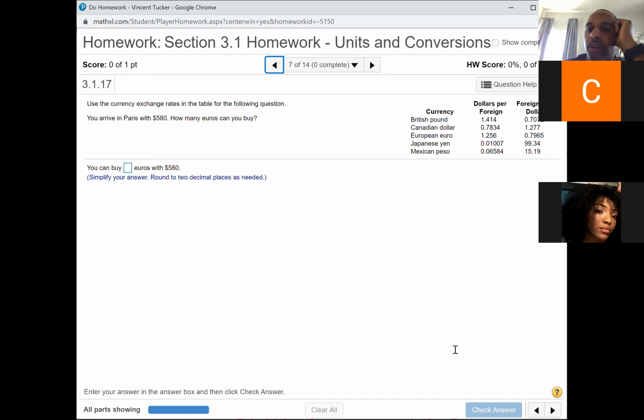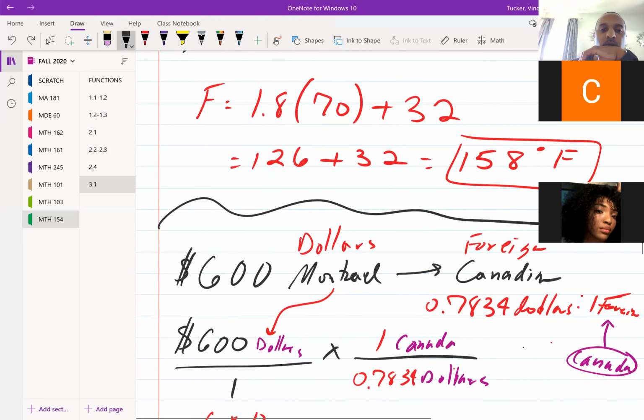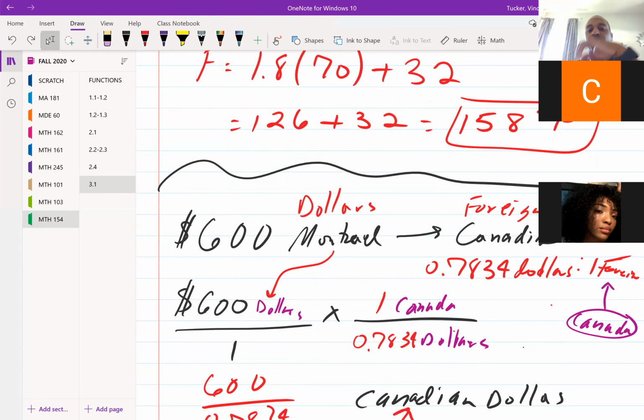I think the one I had earlier was Canadian dollars. So we're looking at dollars per foreign and then foreign per dollars. So what I found out going to the notes: earlier I had 600 Montreal dollars and I wanted to convert it to the Canadian.